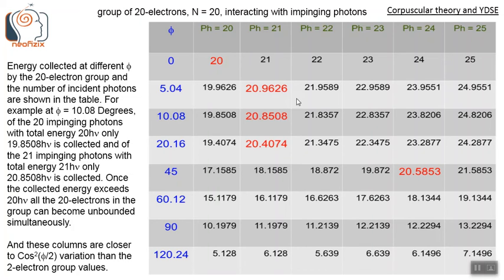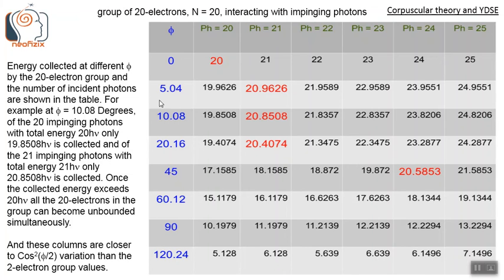So this is a table for the group of 20 electrons, n equals 20, interacting with the impinging photons. So this is the group of electrons after receiving 20 photons, after receiving 21 photons, after receiving 22 photons. So these columns represent the different number of photons received, and this is phi at different angles.